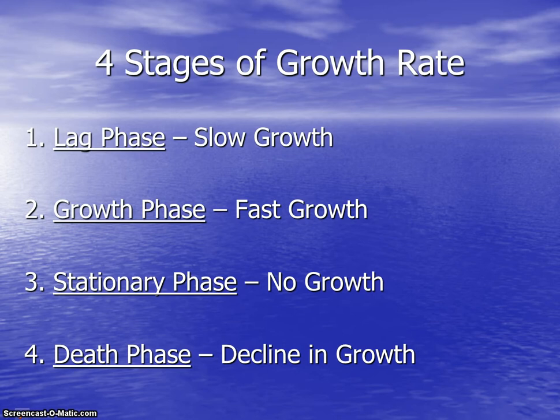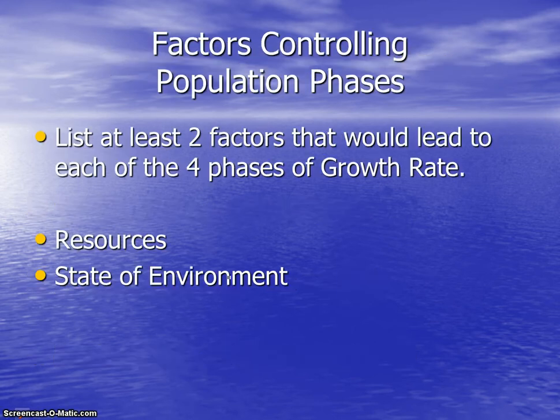Doesn't look like there's a lot of growth occurring, but that might be a very minimal or small amount. The growth phase, where you have fast growth, usually this would be exponential, almost a vertical line on a graph. The stationary phase of a growth rate, where there'd be no growth, it's flatlined, if you will. And then the death phase of our growth rate, which would show that the population is decreasing.